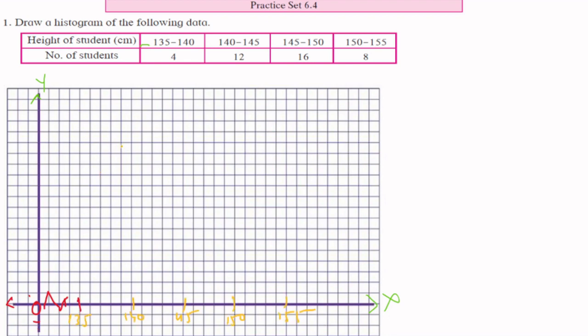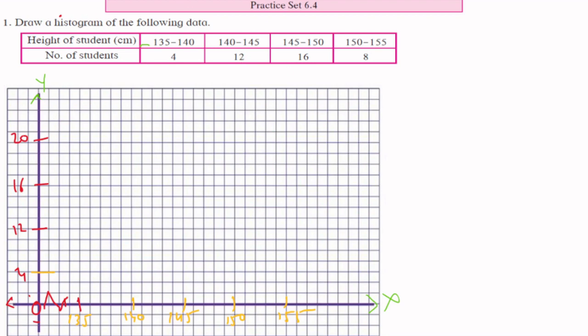Here I have written all the points: 135, 140, 145, 150, 155 with an interval of 5 each, right? Similarly, for the frequency on the upper side, you can write 4, 12, 16 and 18 with a range of 4. I have written the frequency also. Now what next? We have to draw the histogram. How?